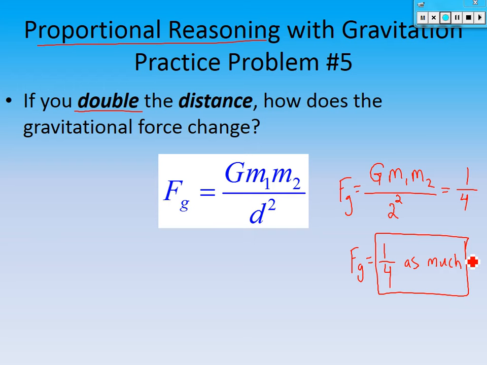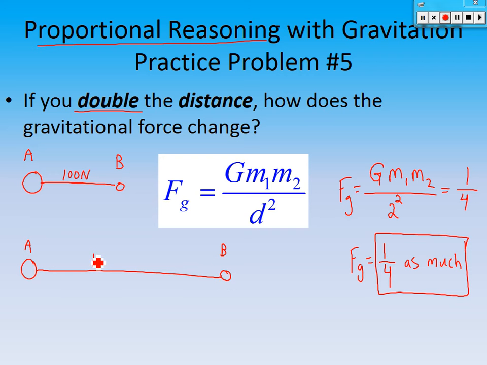Let me see if I can draw that. If here's planet A and here's planet B, we're not changing their mass, but we are doubling the distance between them. So if this was 100 newtons of force of gravity between them, now let's see if I can draw them at the same mass. This is A, it's supposed to be the same size here. But now B is twice as far away, so I'm going to come over here and it's still going to be the same mass.